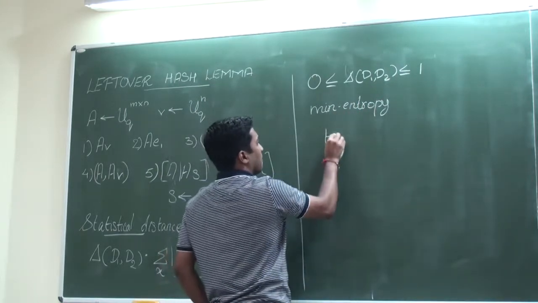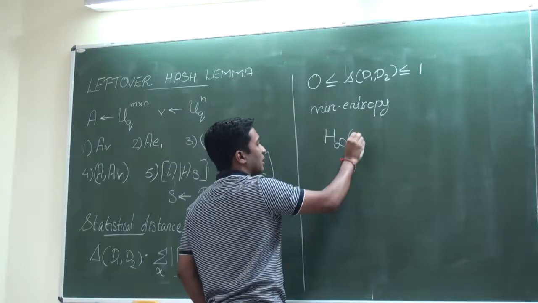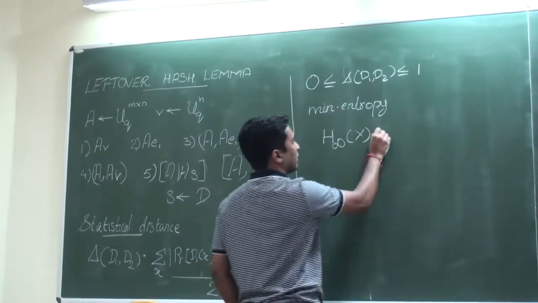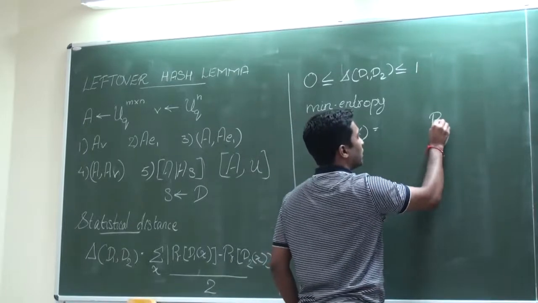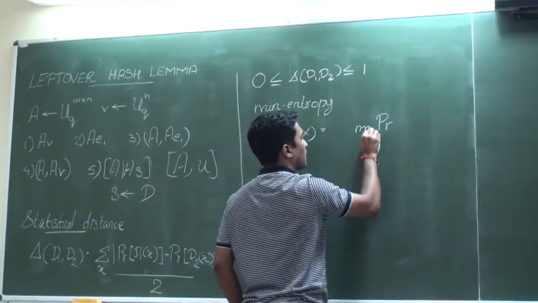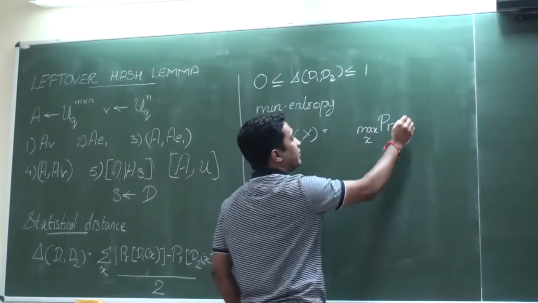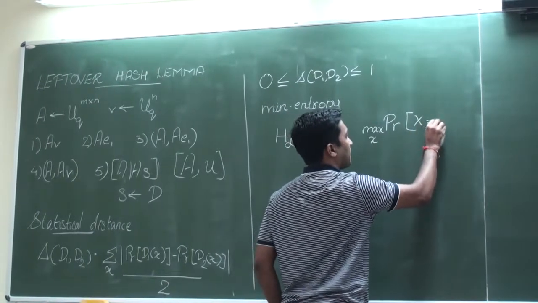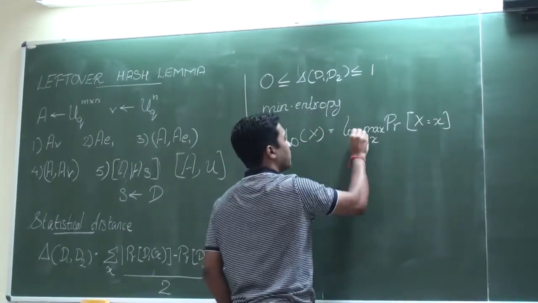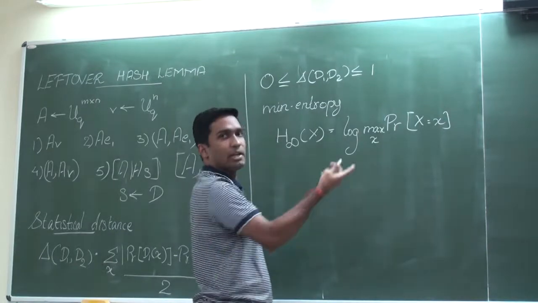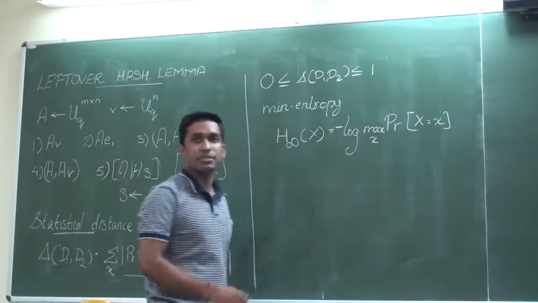So the min entropy of a distribution, let's say of a random variable for that distribution: you look at the highest probability given to an element, take its log, and since the probability is less than 1, it is a negative term, so take the minus of this.